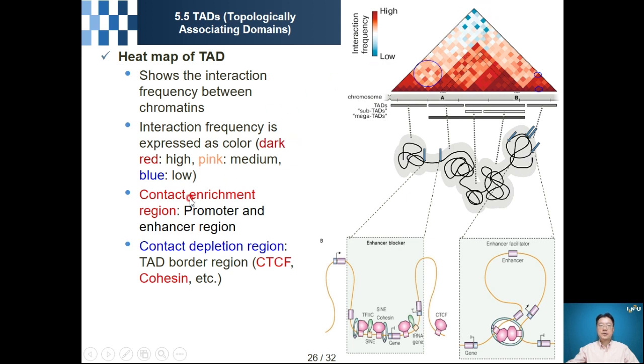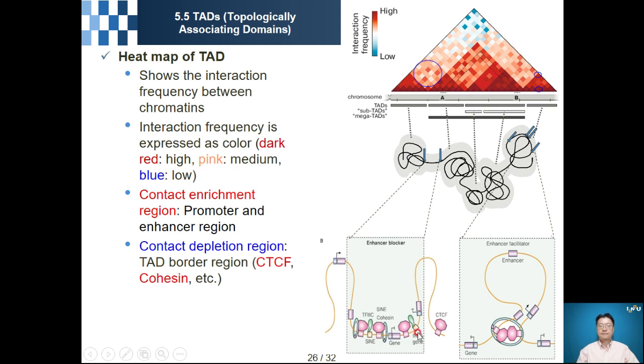We also divide the TAD into two regions: a contact enrichment region and a contact depletion region. The contact enrichment region is usually composed of promoter and enhancer, and the contact depletion region, we call the TAD border region. This region is composed of CTCF and cohesin, and also other factors.